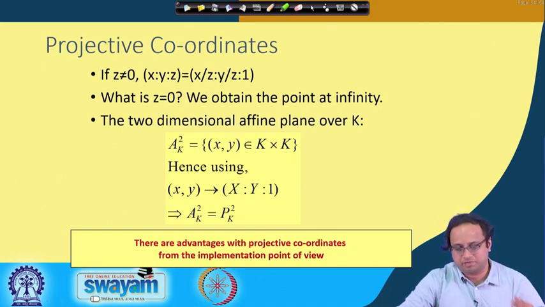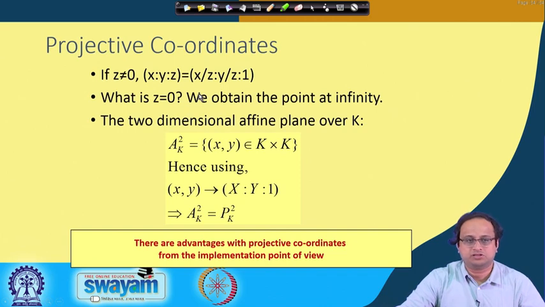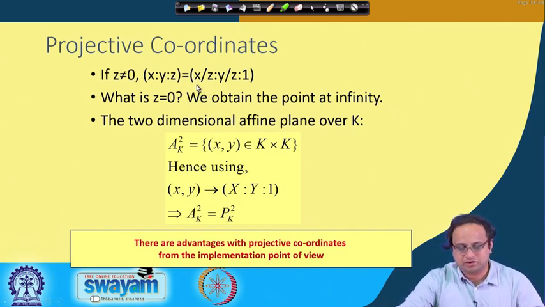There are many projective coordinate systems; this is one such projective coordinate system. If z is not equal to 0, then I say this ratio x is to y is to z is nothing but x by z is to y by z is to 1. Okay. If z is equal to 0, then that essentially defines the point at infinity. So if you ever get z equal to 0 when you are doing your projective coordinates, then that means you have computed the point at infinity.